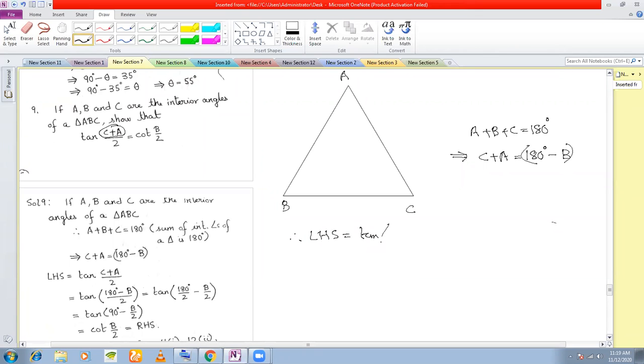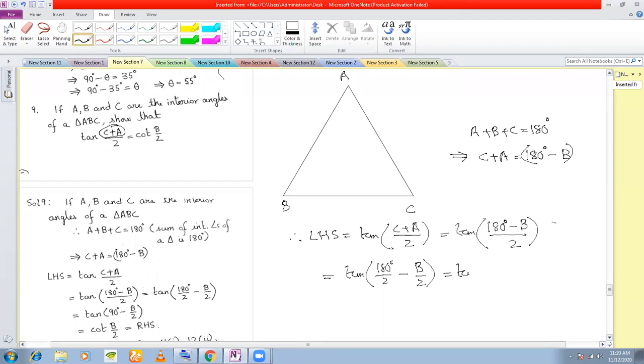Tan (C plus A) by 2. Now what is the value of C plus A that we have got above? We have got (180 degree minus B) by 2. So this is, now if we separate, you will get 180 degree by 2 minus B by 2.